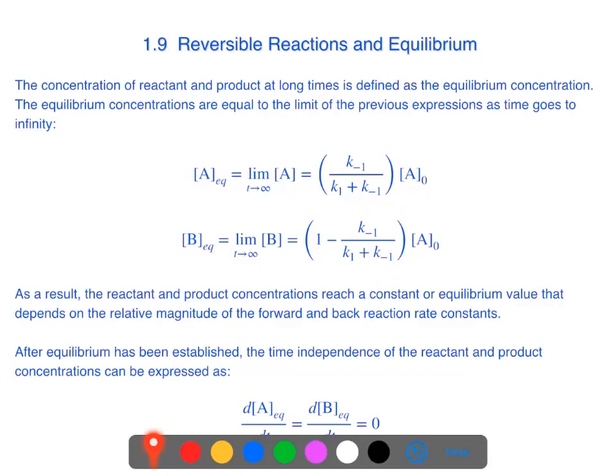So as a result, the reactant and product concentrations reach a constant or equilibrium value that depends on the relative magnitude of the forward and back reaction rate constants.